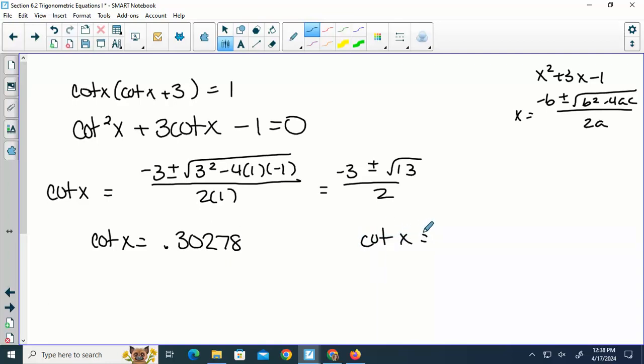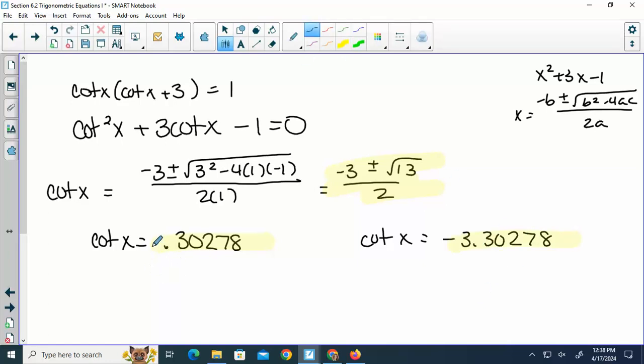Then I do the opposite of 3 minus radical 13 over 2. Is everybody with me here? So all I did was plug this in. The positive gave me that, the negative gave me this decimal.